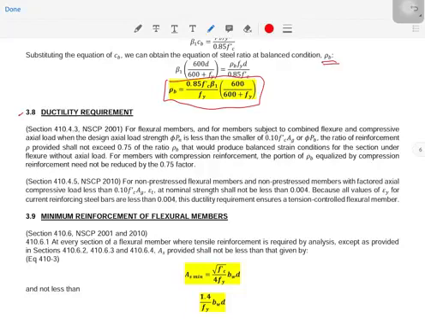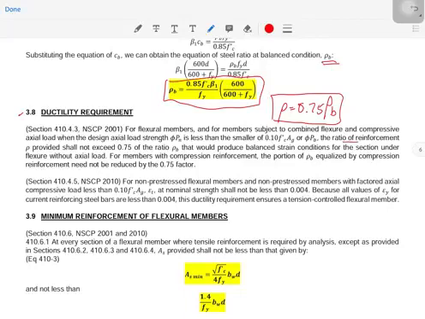So rho is 0.75 of rho balance, that is the ductility requirement for the 2001 NSCP code, as stated here.